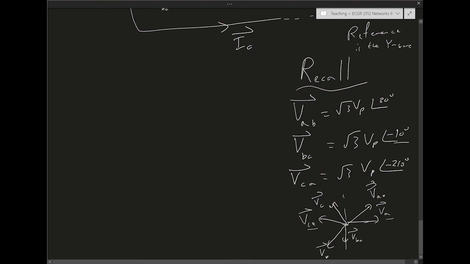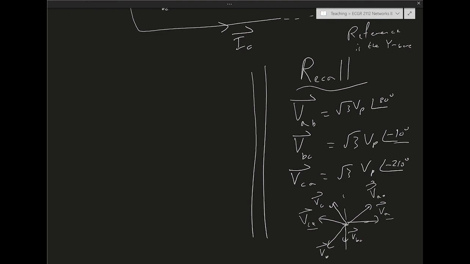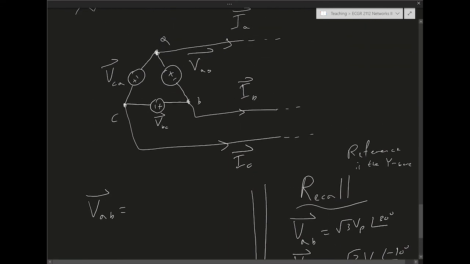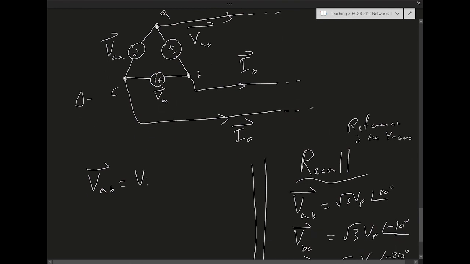But now we want to do something different. Now we want to select the line-to-line voltage as the reference. So I want to make the line-to-line voltage, the delta source, the reference, meaning I'm going to just write down VAB as a line-to-line voltage VL with an angle of 0. I want to start with 0. And then VBC is VL at minus 120, and VCA is VL at plus 120.